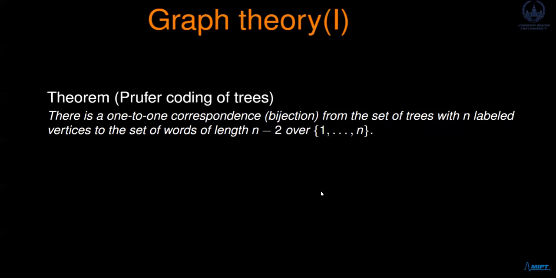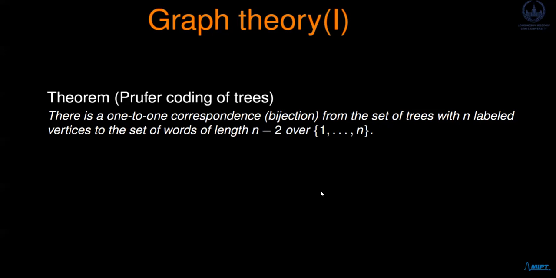The theorem states there is a one-to-one correspondence, a bijection, between the set of trees with n labeled vertices and the set of words of length n minus 2 over the alphabet 1, 2, till n. Let's break this down, and in the next slides I will show you a special example.